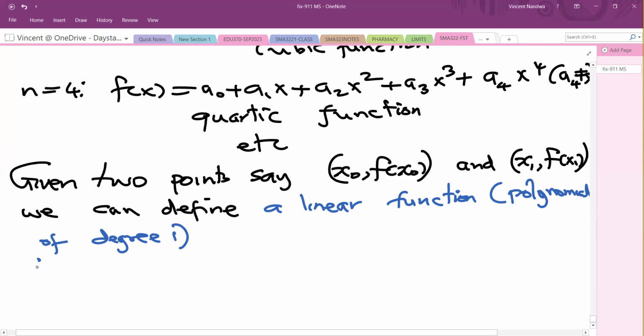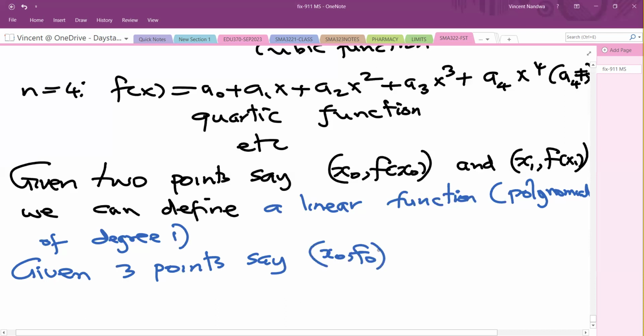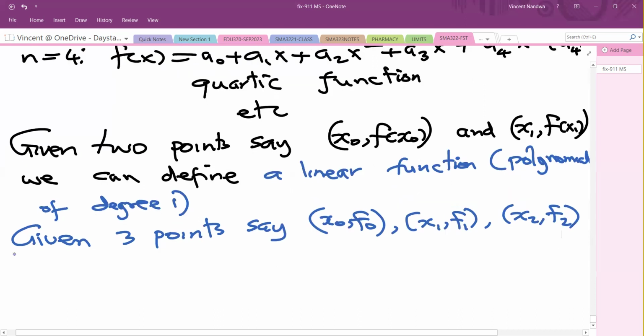Now, if we have 3 points, say x0, f0, and I hope you remember that f0 means the value of the function at x0, x1, f1, x2, f2, we can define a quadratic function.